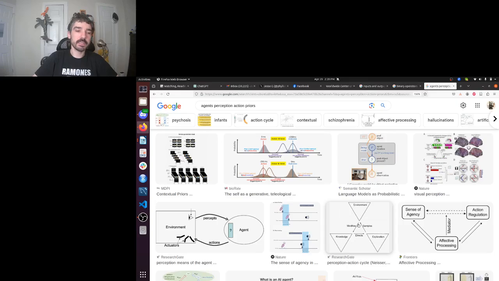We can consider agents in the singular sense, as unit cells. Cells themselves are capable of agency because they perceive, they act, and they have this experience of engaging with their environment, even though it's quite simplistic compared to when we consider multicellular systems, which would then be multi-agent systems. I said it right.